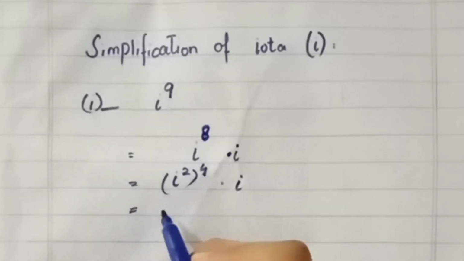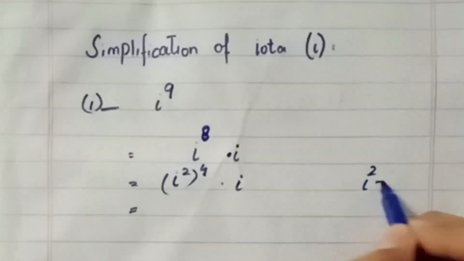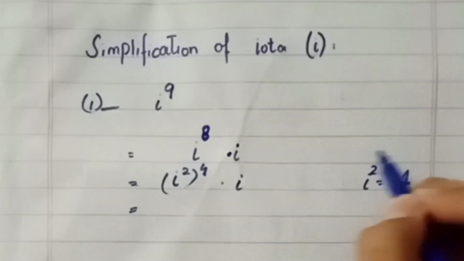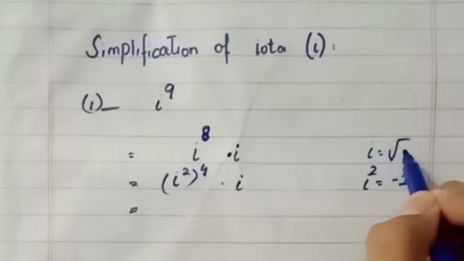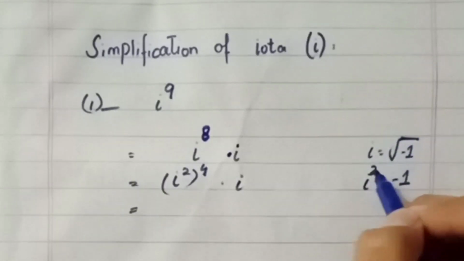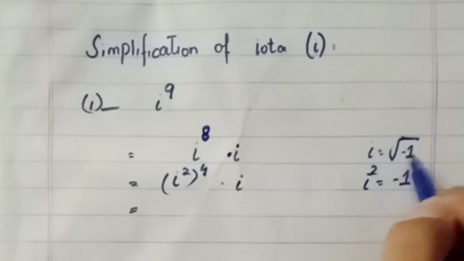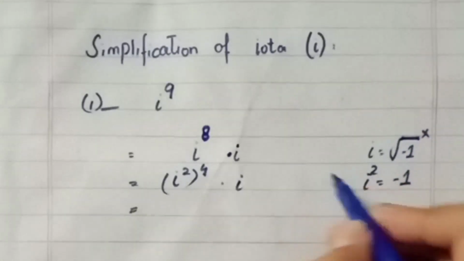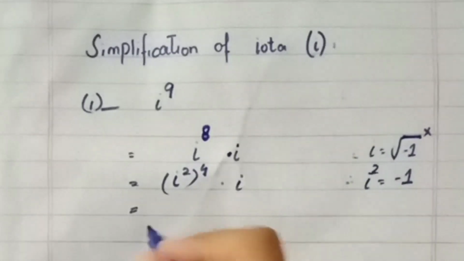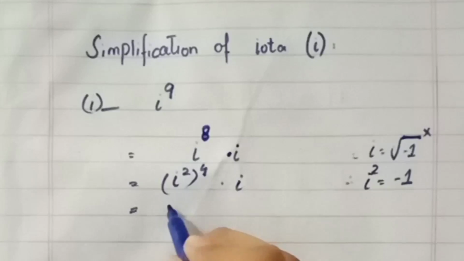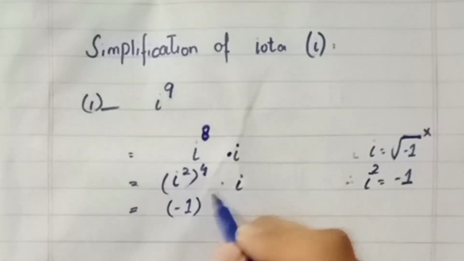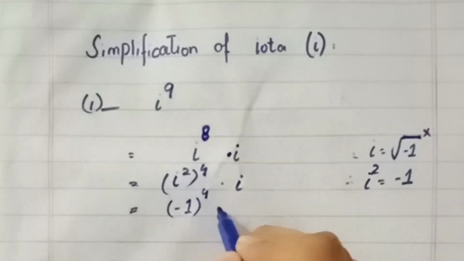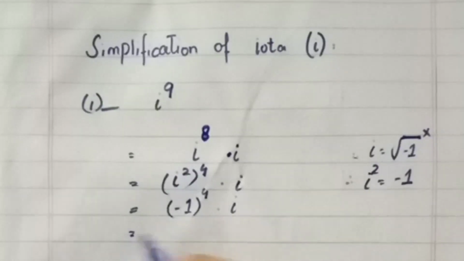Now see the next step. The next step is just taking the iota square value. Iota square is equal to minus 1. You know iota is equal to under root minus 1, and when it comes to square, the under root will be crossed up and iota square becomes minus 1. So minus 1 has the power of 4 and a single iota with it.